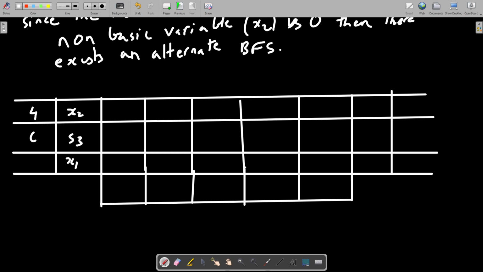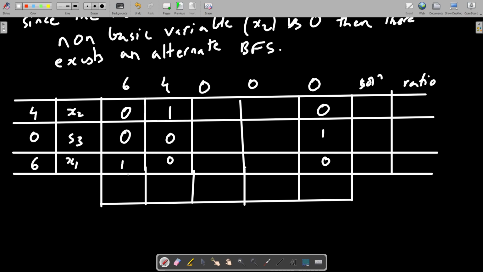Here this one's cost is 4, this one's cost is 0, this cost is 6. So 6, 4, 0, 0, 0. Solution, and these are the ratios. We won't be requiring ratios further now. Okay, anyways, x2 is the first column, so 1 0 0. S3 is the next, and x1 is the last, 0 0 1.